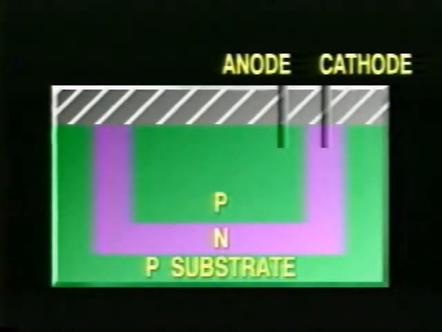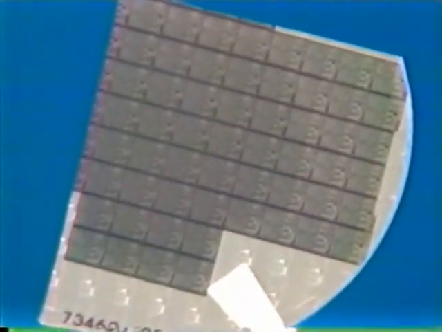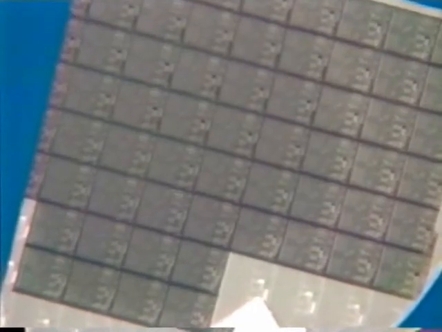Tiny holes or windows are etched into the upper and middle regions through which a small amount of metal can be deposited to provide the necessary electrical contacts. By adding another layer of N material, an integrated transistor can be formed in similar fashion. Even the most complex circuit is simply a matter of layering P and N materials, etching windows, and interconnecting the fabricated components.